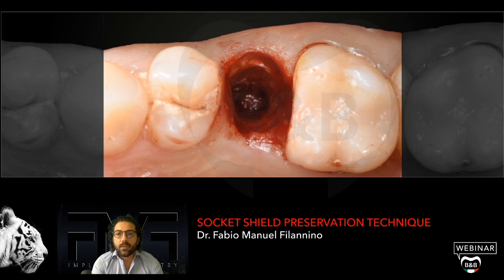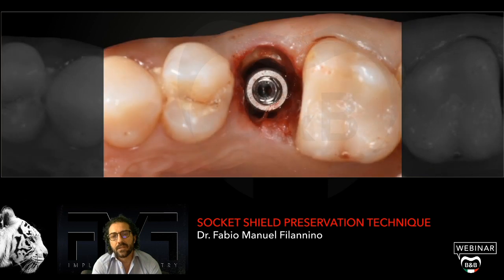After that, when I was very sure this time that I had cleaned everything in a good way, I used my osteotomes and the magnetodynamic technology to perform a crestal sinus lift. And this time I went apically to get a cortical stabilization where I did the crestal sinus lift.